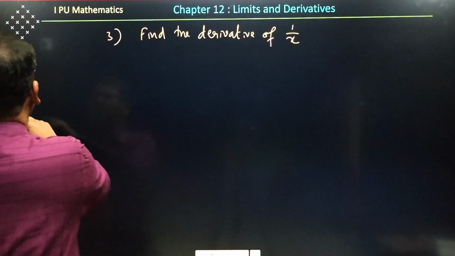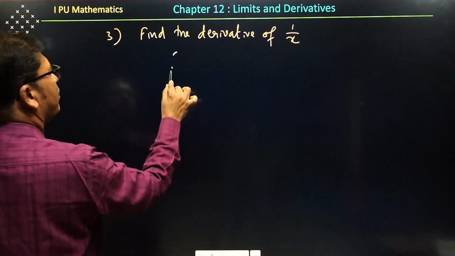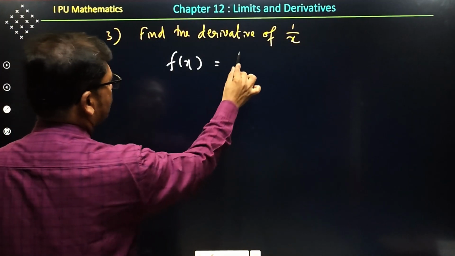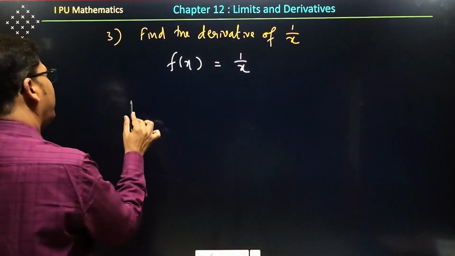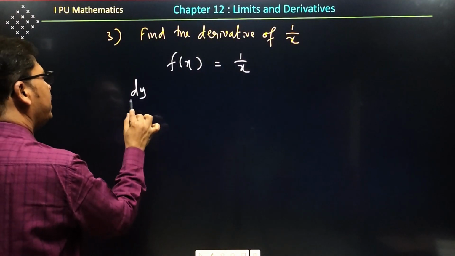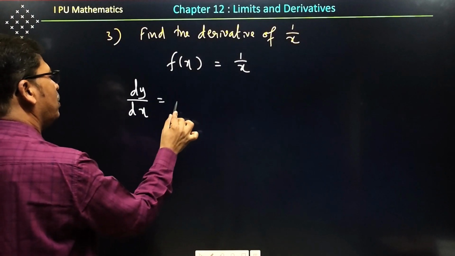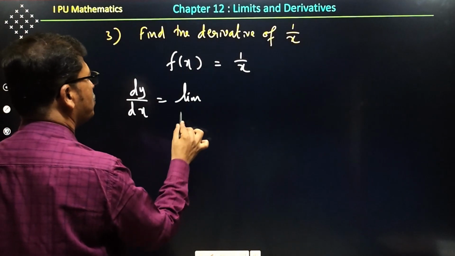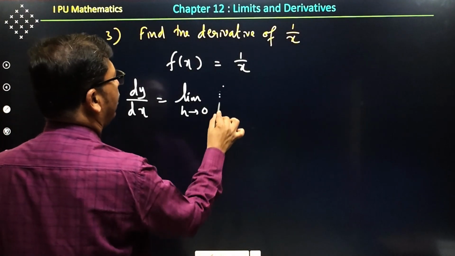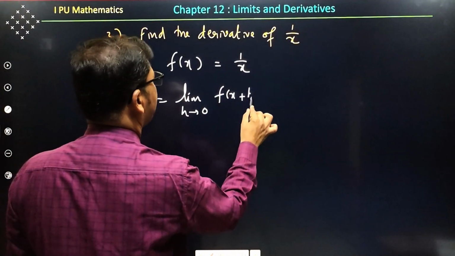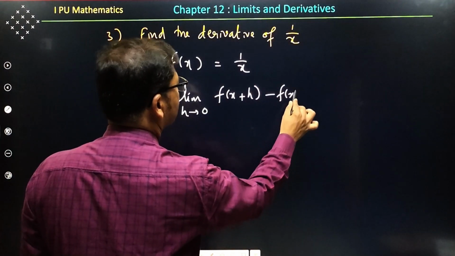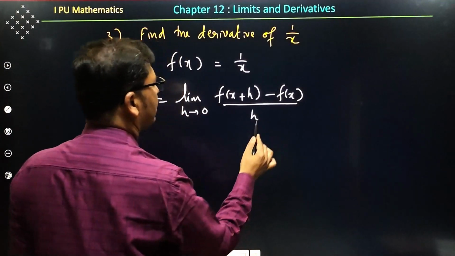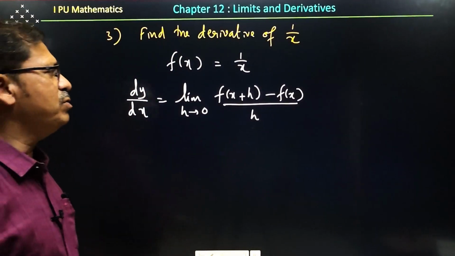The function itself, f(x) itself, is nothing but 1 by x in this case. By our definition, dy by dx is equal to, or f dash of x is equal to, limit h tends to 0, f of x plus h minus f(x) divided by h. This is your basic definition. Let us apply that.